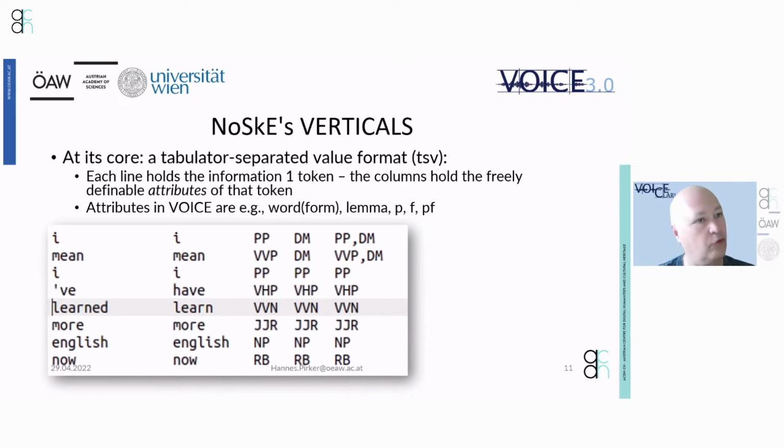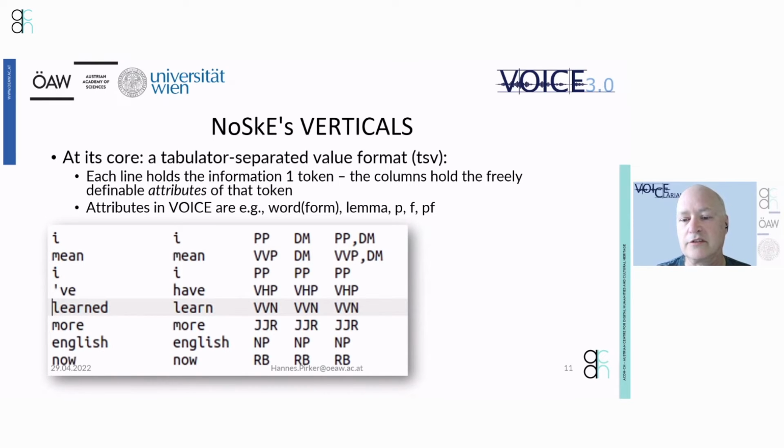And attributes in VOICE are obviously the word, the orthographic transcription, the lemma, and from yesterday you may remember that there are two types of part-of-speech tags, one for the syntagmatic function and one for the morphological function.